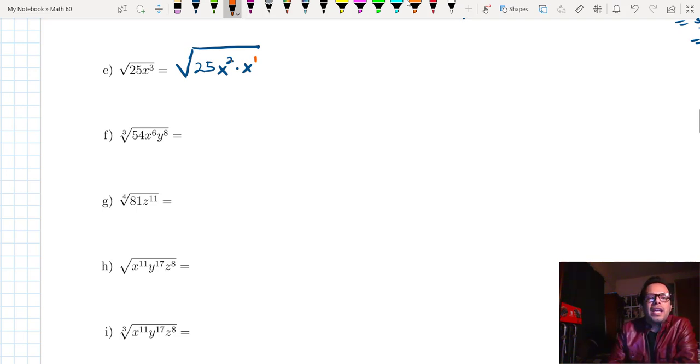All right, now from here, we are going to highlight the perfect squares. 25 is a perfect square, and so is x squared. However, x to the 1st power is not a perfect square. So I'm going to break this up into 2 radicals. The first radical contains the ones in green, the perfect squares.